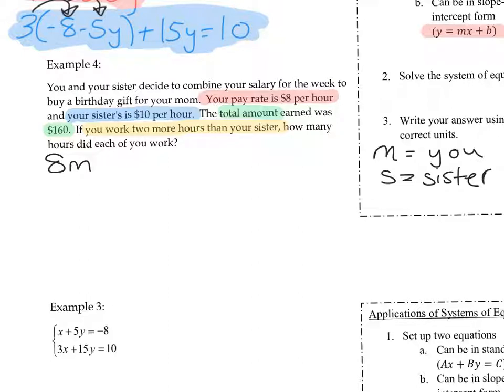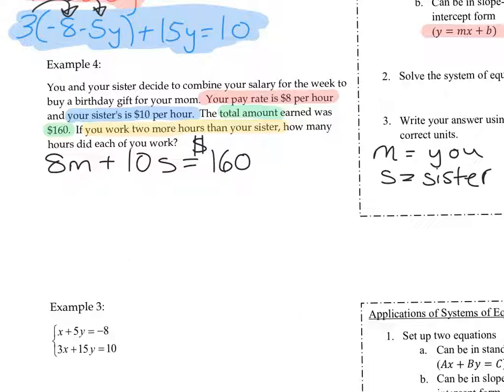If I work 1 hour, I'm going to earn $8. But then your sister is also working and earning $10 for every hour she works. And your totals combined equal $160, so you're combining both of them.